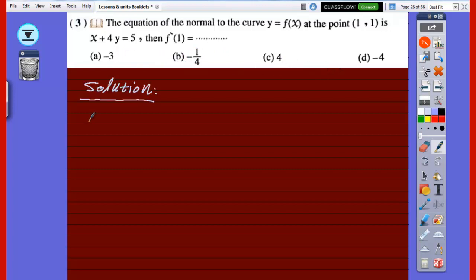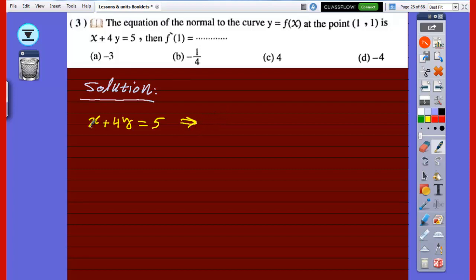We have the equation of the normal to the curve at the point (1, 1) is x plus 4y equals 5. So how do we get the slope of the normal? By differentiating both sides with respect to x.